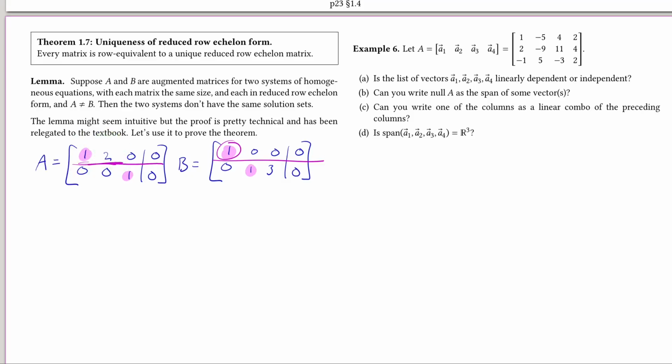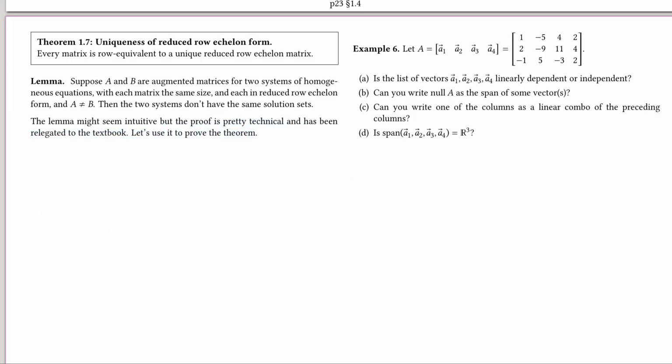Or what if the coefficient parts are the same? Now they have the same pivot positions, but these parts are a little different. Then this difference means that x2 and x3 are going to be different. Yeah, that part seems pretty intuitive, but we're going to use that lemma to prove Theorem 1.7.